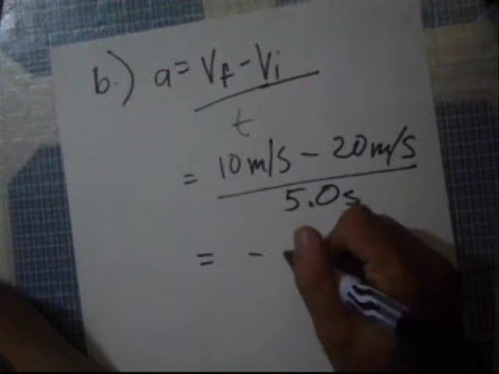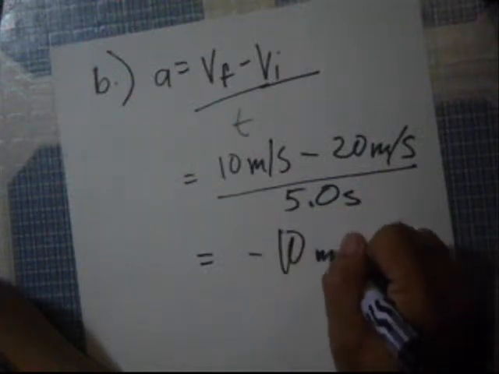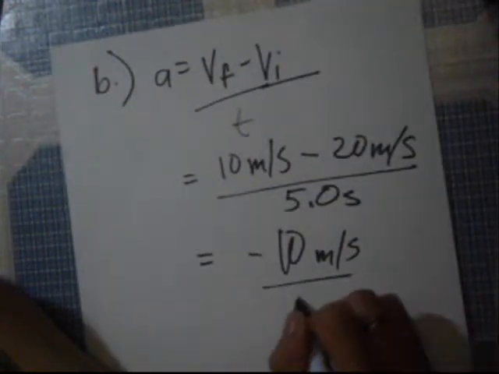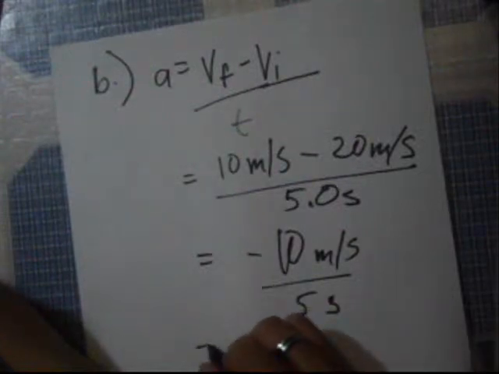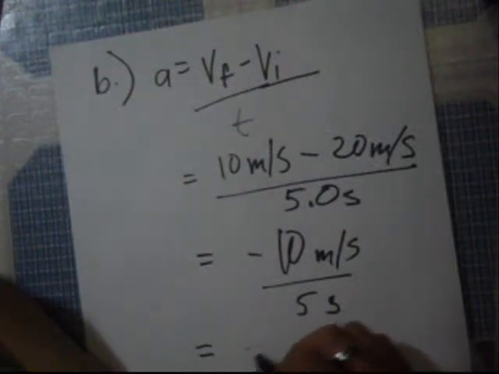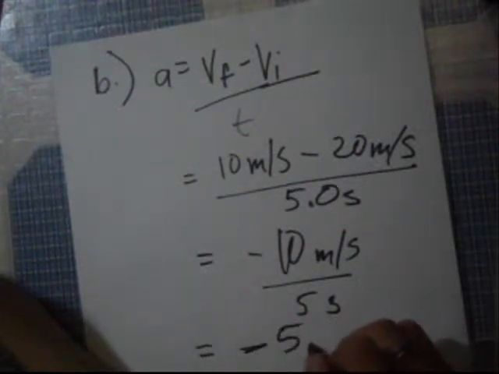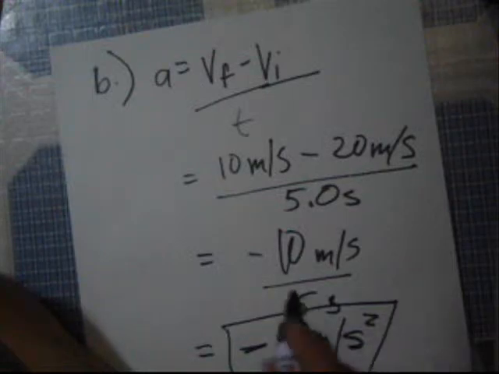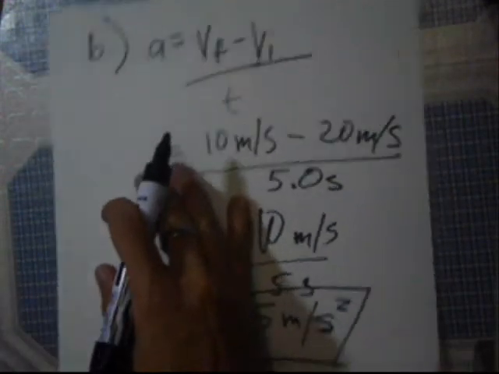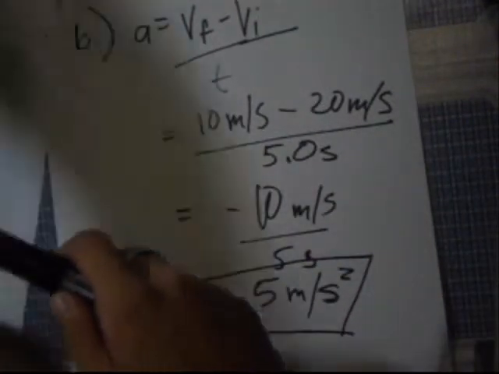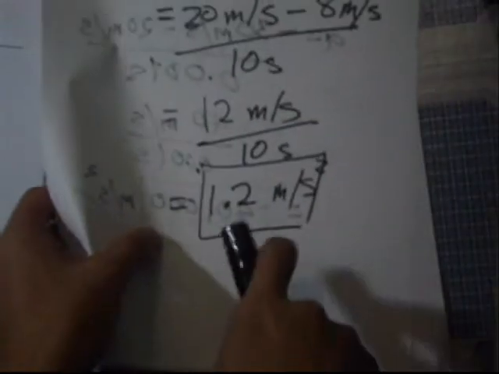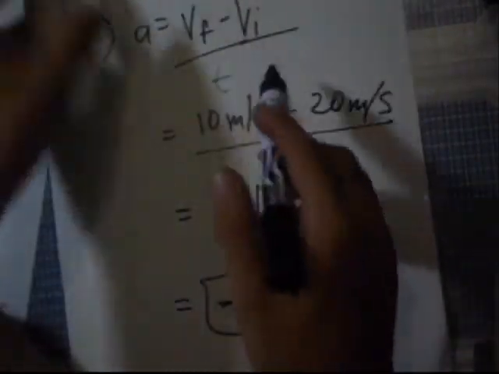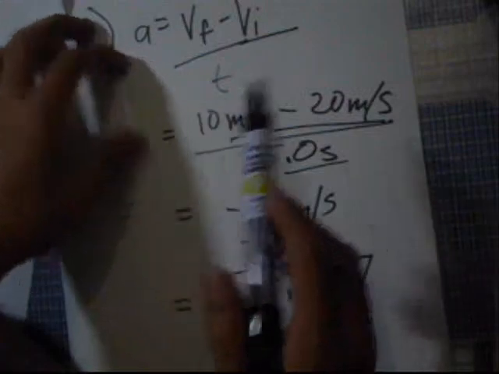So 10 minus 20 is negative 10 divided by 5. The result is negative 5 meters per square second. Okay, so it's just the same with the letter A. Only the given has changed.